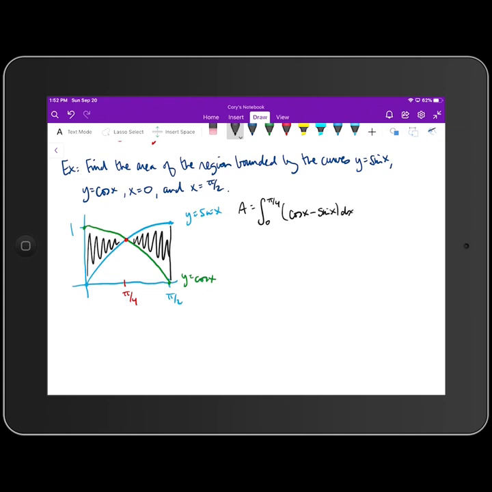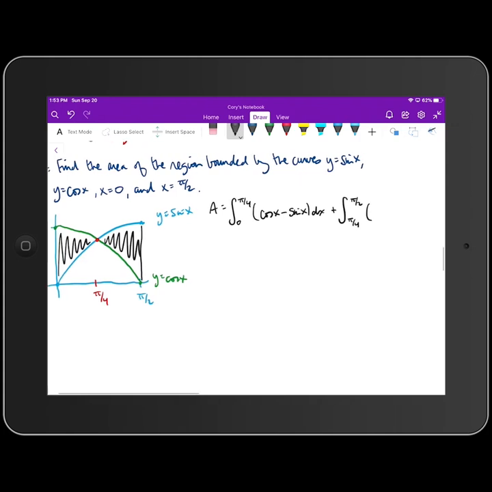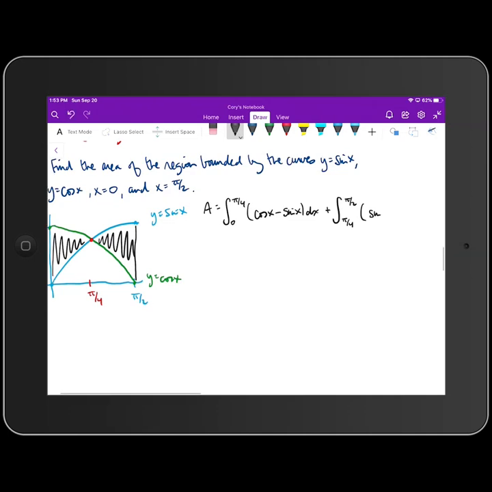And then we're integrating that with respect to x, plus, for my second integral, for the second area, the integral from pi over 4 to pi over 2. The function that bounds that area from above, the larger function there, is going to be sine, minus the function that bounds the area from below, the smaller function, cosine. And we're integrating that with respect to x as well.